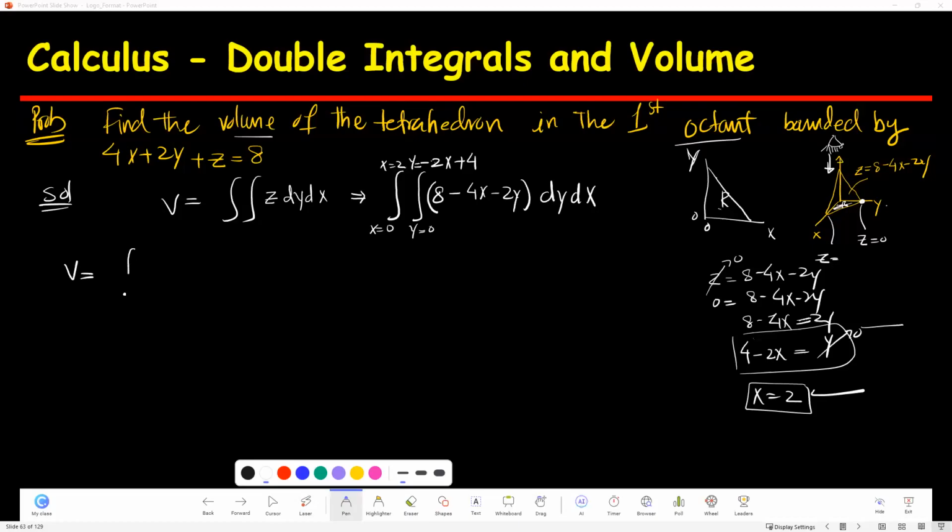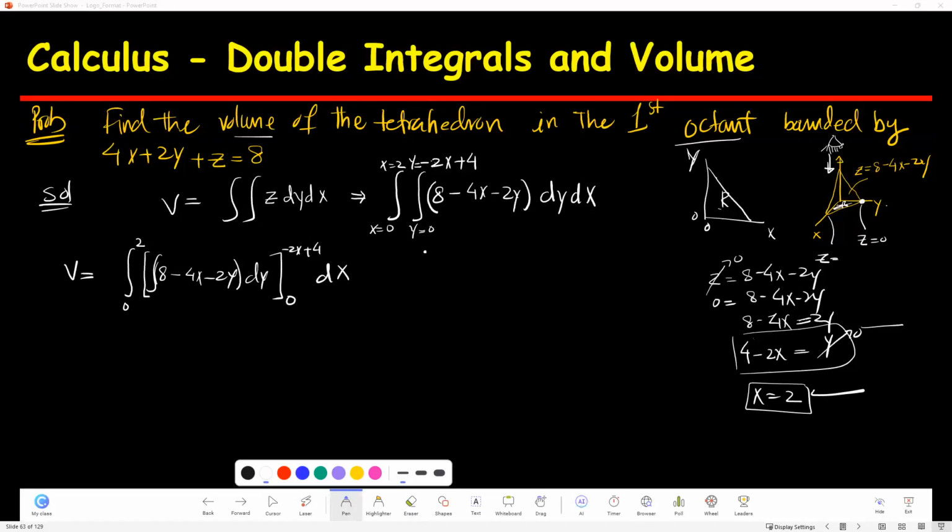And I'm going to take the outside integral, leave it here like this, and talk about the inner integral, which is with respect to y. Okay, and I'm going to write like this: 8 minus 4x minus 2y dy, and then apply this one: minus 2x plus 4 and 0, and then dx.